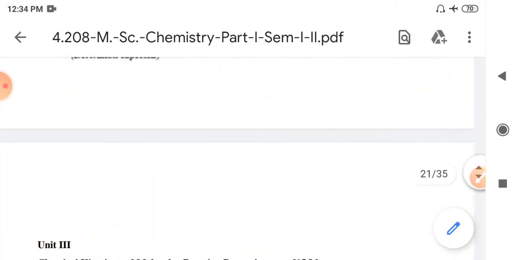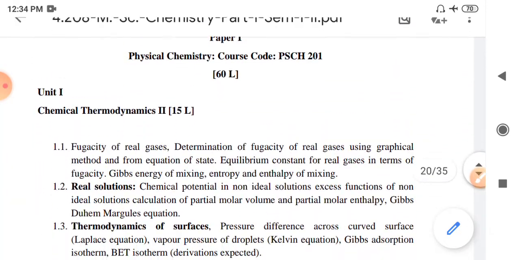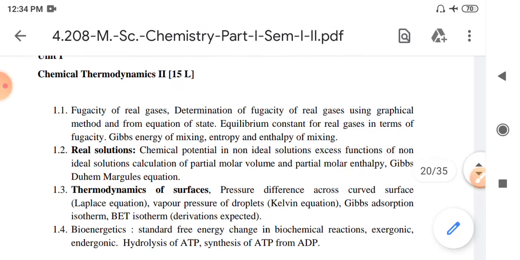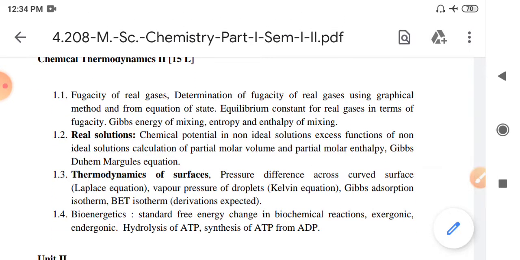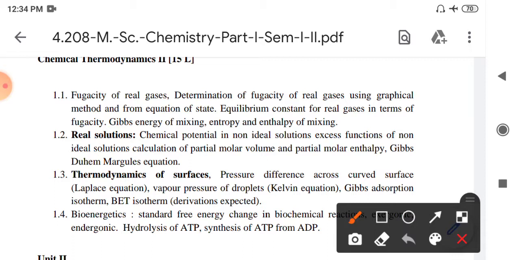And the first unit is chemical thermodynamics. Chemical thermodynamics is more of an application part this semester. So it will cover fugacity, and for real solutions we can get various parameters, that is partial molar volume or partial molar enthalpy.